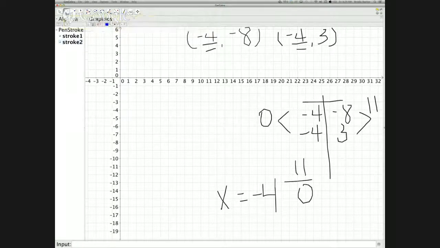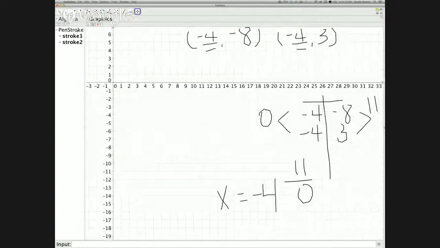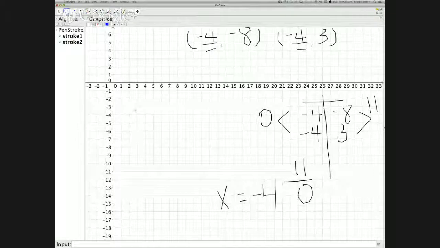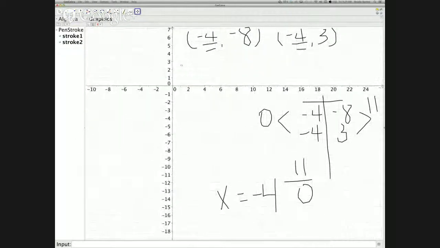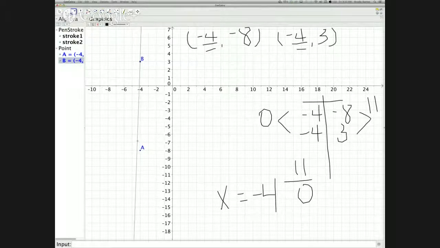Okay, if you're unconvinced or that confuses you and you're like, wait, I must have done something wrong, you could have plotted these two points, which, yeah, we're good. -4, -8. And -4, +3. And the only line that can connect those two points is a straight vertical line.